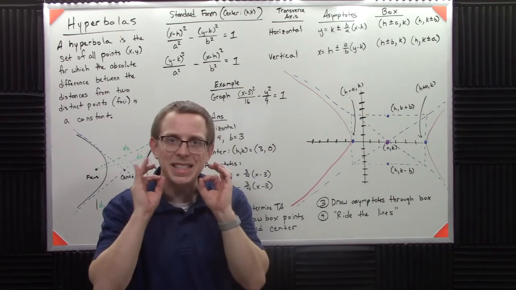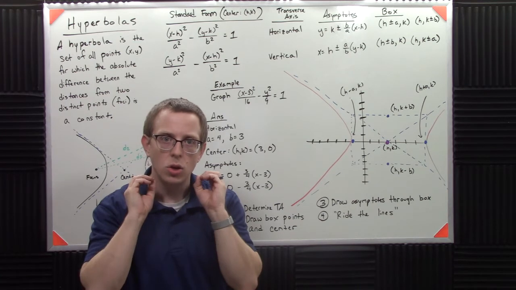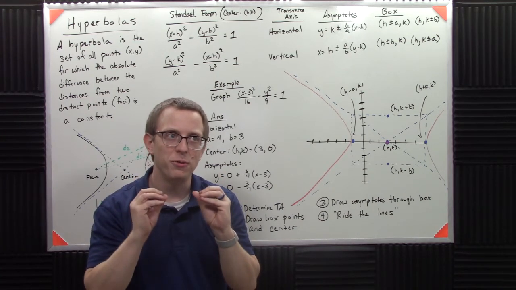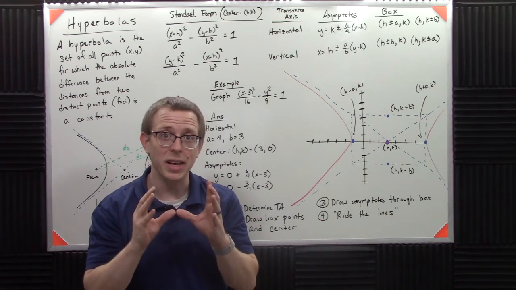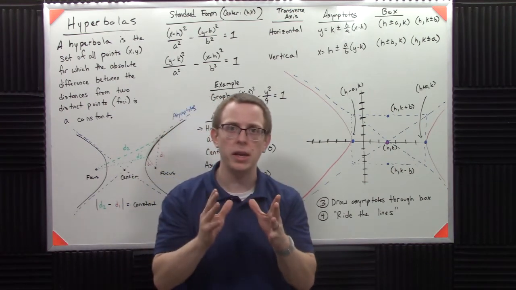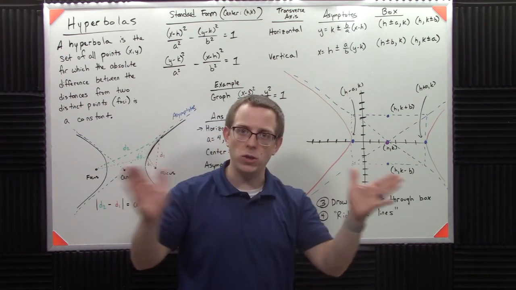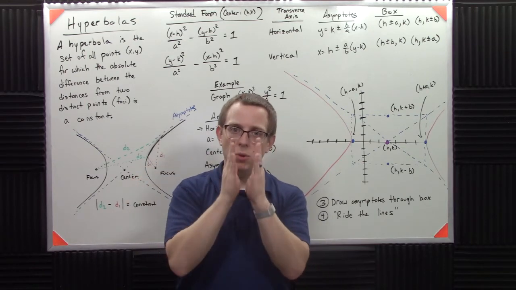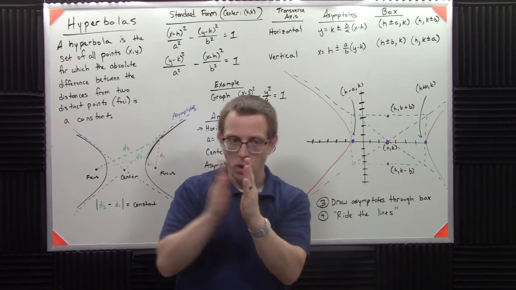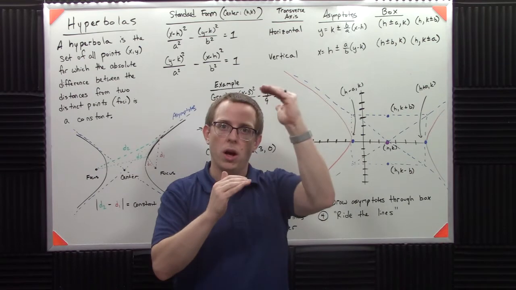Now notice this is exactly the way you do it for an ellipse. Remember when we did an ellipse, you had the major axis and the minor axis, and you started there, and you went over, and you went over, and you went up, and you went up.